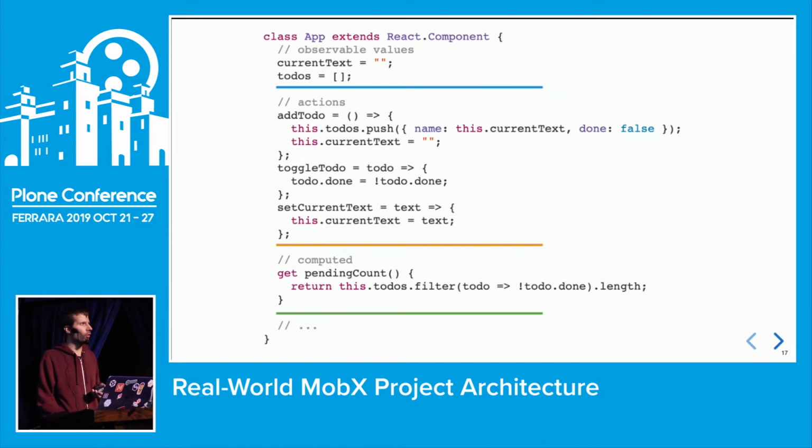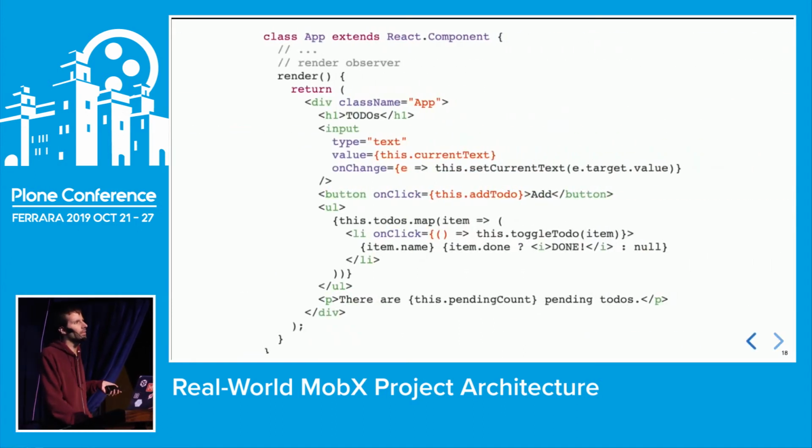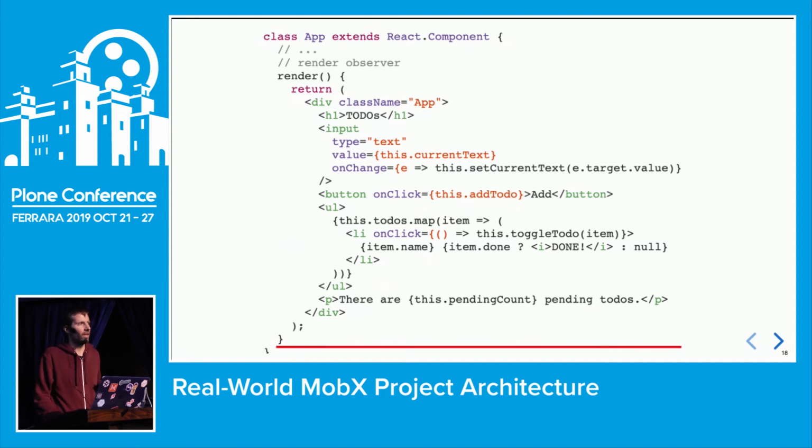And as we've seen before, one of the useful things we can do for our user is just having aggregated data. So for example, here we are doing a count of the to-dos which are currently pending, which are not done yet. And obviously, we are missing the most interesting part, which is the rendering of our component, which will use inside of itself the actions and access our data through the views we have defined before.